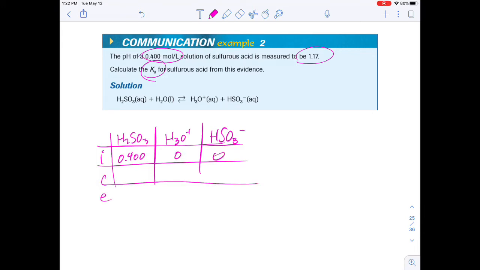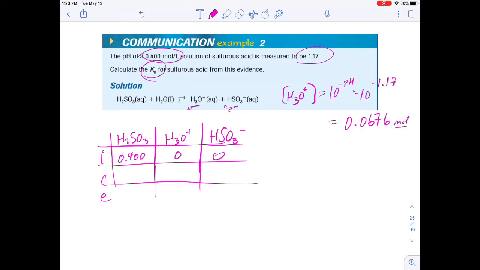I calculate the concentration of hydronium, which incidentally will be the same as the hydrogen sulfite because it's a 1-to-1 ratio. I'm going to calculate that with 10 to the negative pH. That's 10 to the negative 1.17. I end up getting 0.0676 mole per liter.